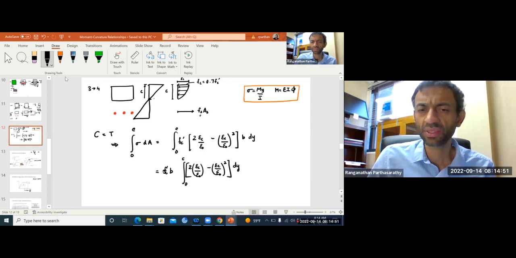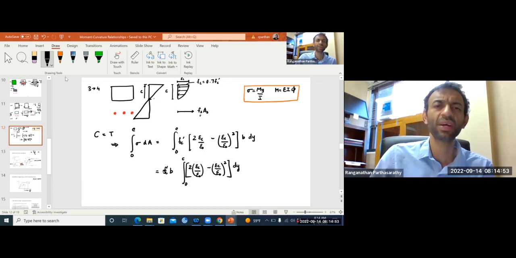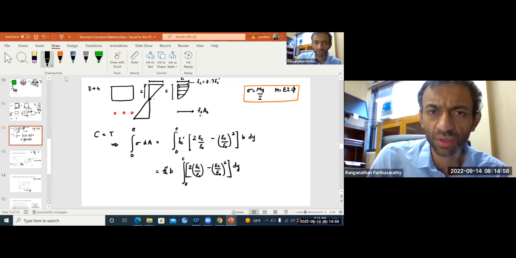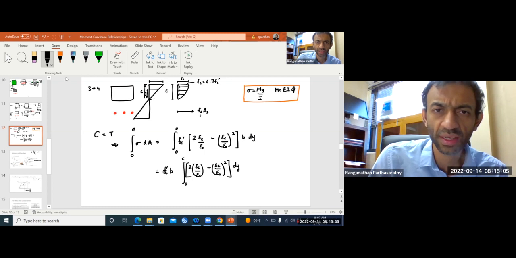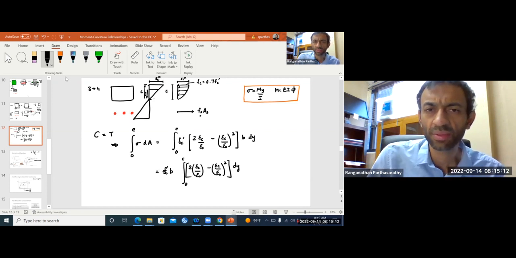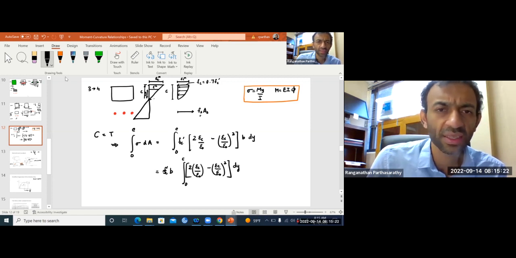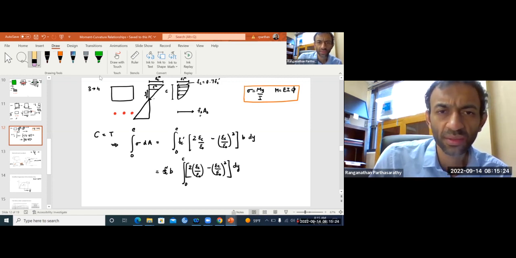So we need epsilon c in terms of dy. That's fine because your strain is all still linear. So at any y, let's say this is your y, right? And let's denote this as epsilon c max, epsilon cm. That's at the extreme fiber. Now at any fiber, it is epsilon c. Now from similar triangles, let me draw this a bit clearly.